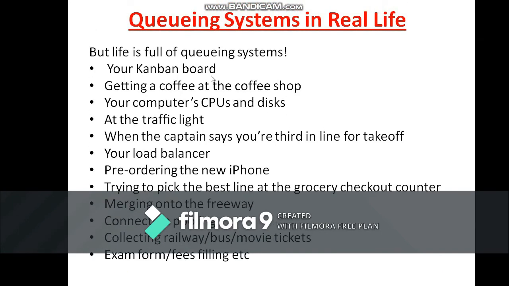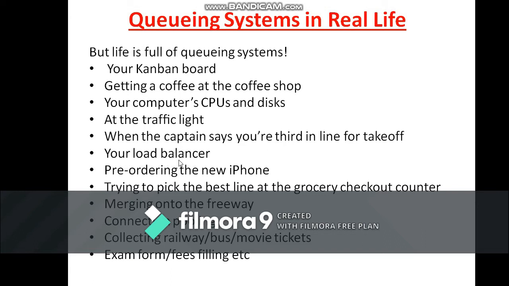Your Kanban board: here also we have to wait. Getting a coffee at the coffee shop, we have to wait. Your computer CPUs and disks, if you have to prepare or repair, then also we have to wait. At the traffic light, we have to wait. When the captain says you are third in line for takeoff, we have to wait until your turn comes.